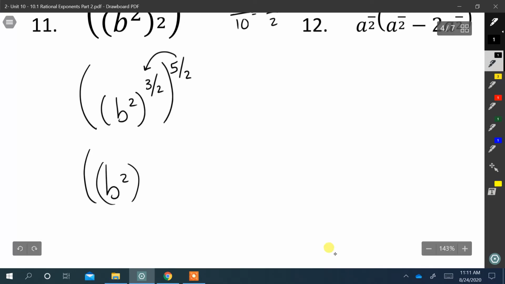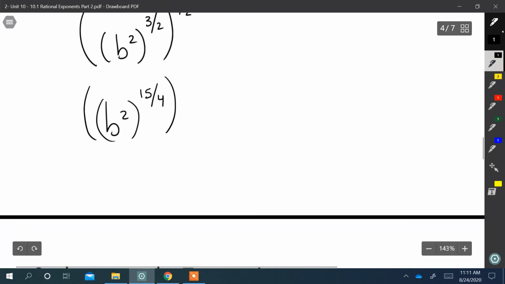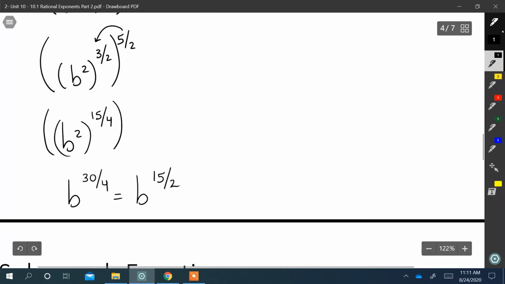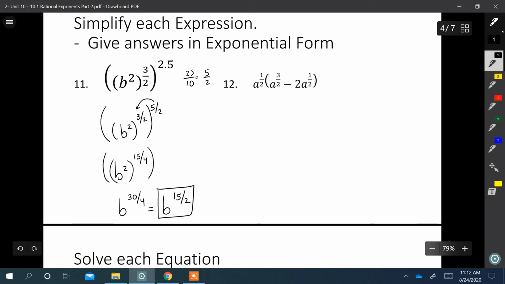And then you will get 5 times 3 is 15 over 4, which you could continue to multiply, and then you will get 2 times 15 will be 30 over 4, which you could simplify to 15 over 2. And let's see, they want us to write our answers in exponential form, so we will leave our answers just like that.